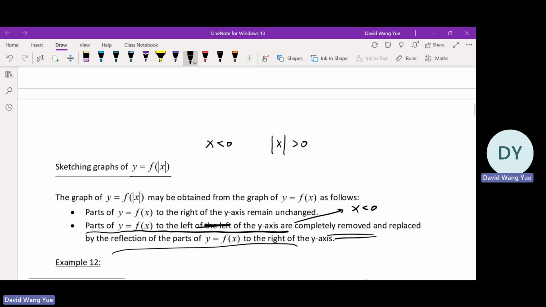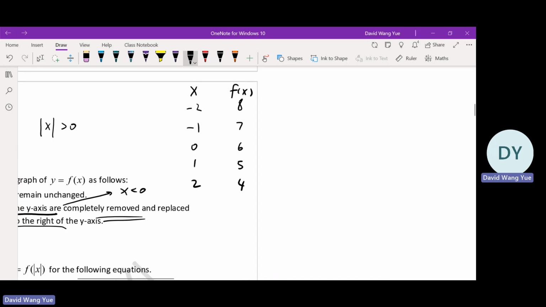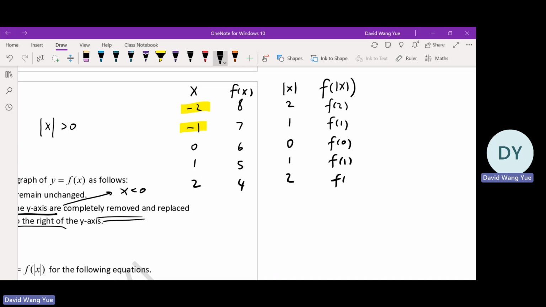That is because initially, imagine your x can take the values -2, -1, 0, 1, 2. For example, maybe your f(x) is 8, 7, 6, 5, 4. But after you take the absolute value, all these negatives will become positive. And then when you substitute this into f, that should give you the same value as f(2), f(1), f(0), f(1), f(2).